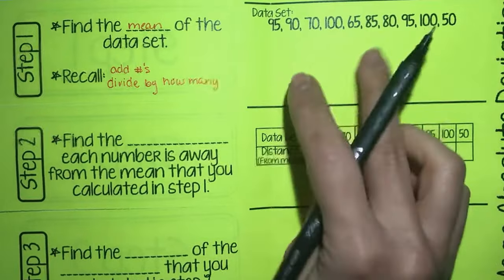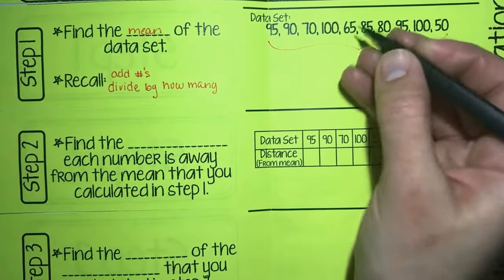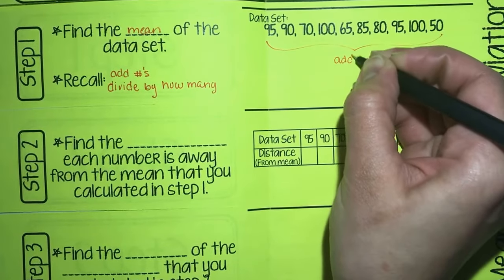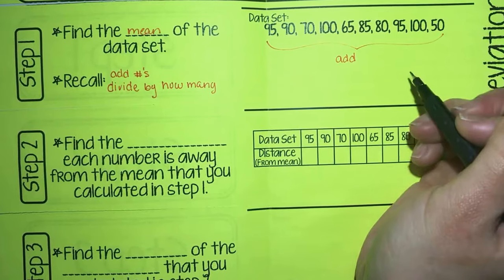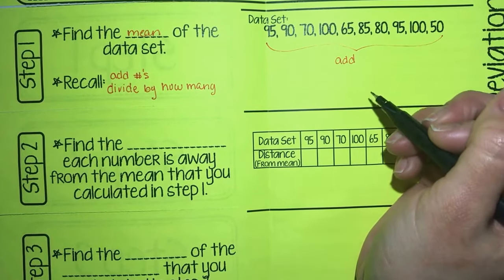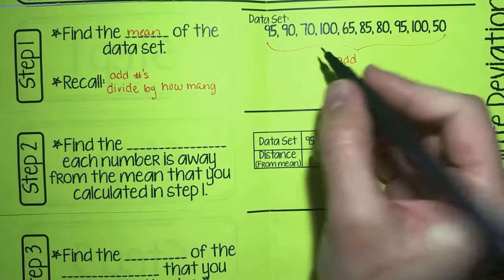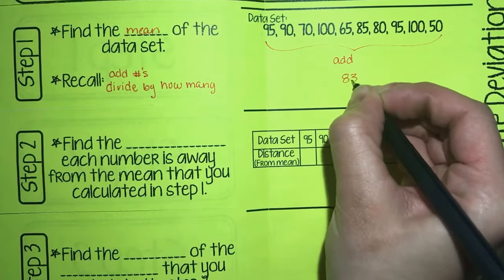So the first thing that we're going to do is just add all of these up. So add them up. Now go ahead and be very careful to make sure that you're putting all the numbers correctly on the calculator and that you're not missing a number. But the first step is just to add. And when we add all of these up, you're going to get 830.